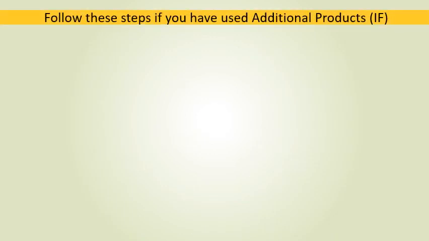How to raise an invoice to the customer for additional material. If you have used an additional material in the job for which you have to charge the customer, it is mandatory to follow these steps.